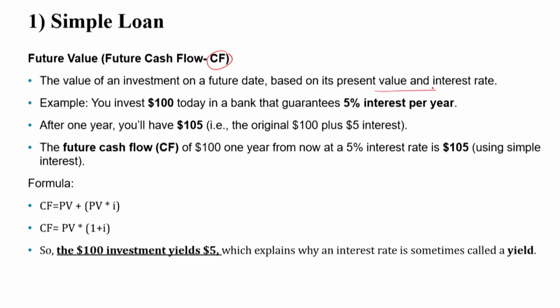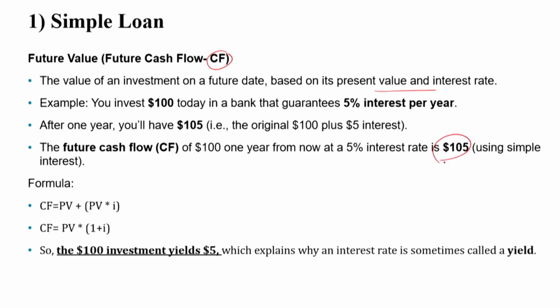Let me give you a very simple example. For example, you invest $100 today in a bank that guarantees 5% interest per year. After 1 year, obviously you know that you will have 105, that is the original 100 plus the 5% interest. So the future cash flow of 100 one year from now at a 5% interest rate is 105.